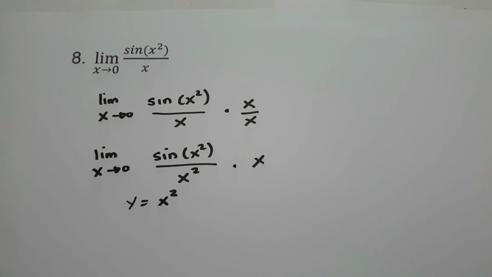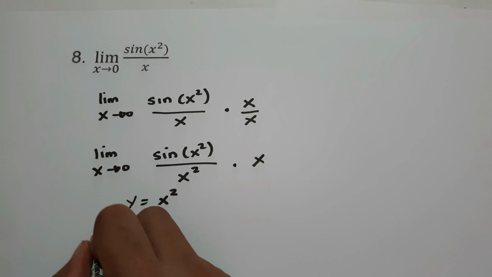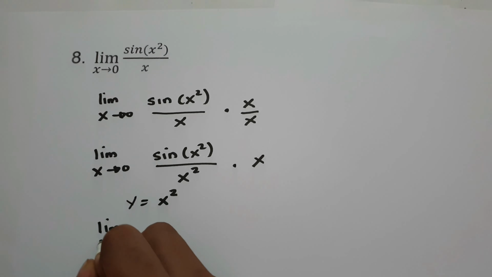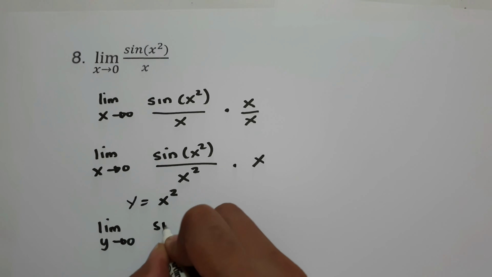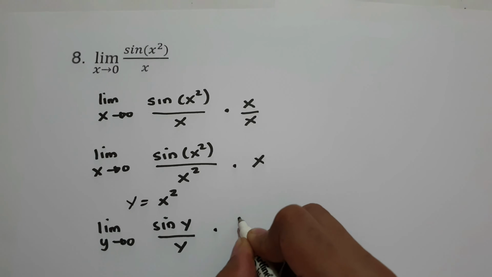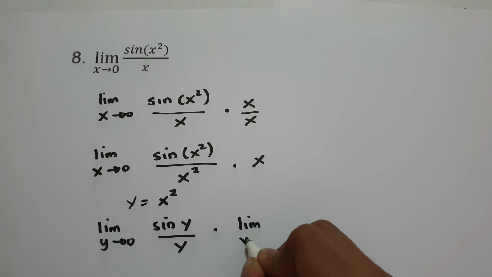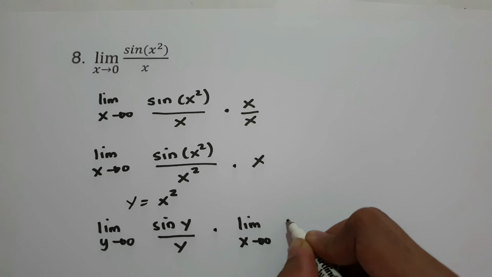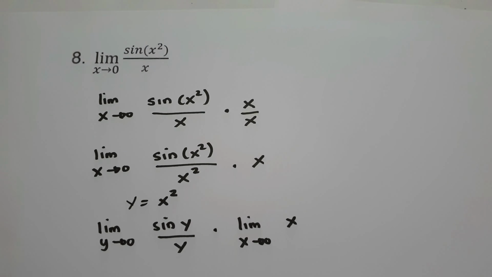Therefore, we are going to have the limit as y approaches 0 of sine y over y multiplied by the limit as x approaches 0 of x.